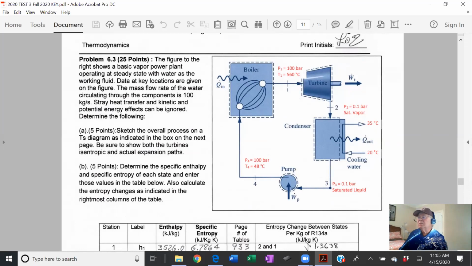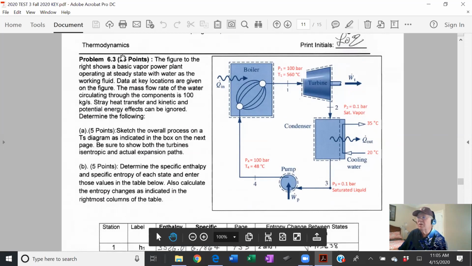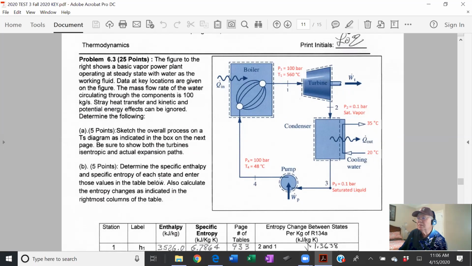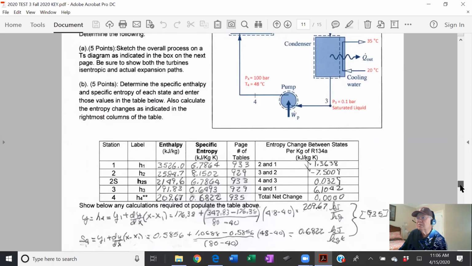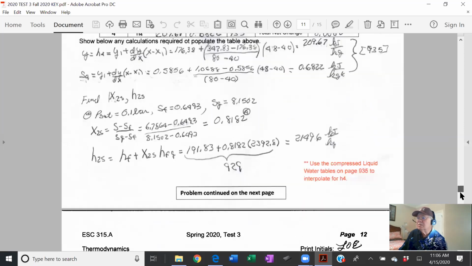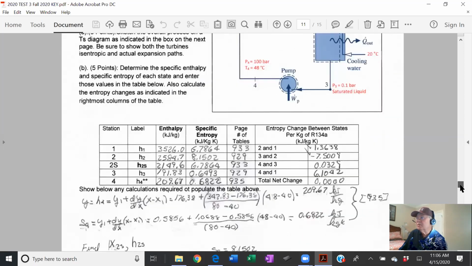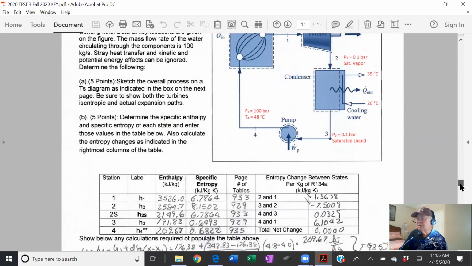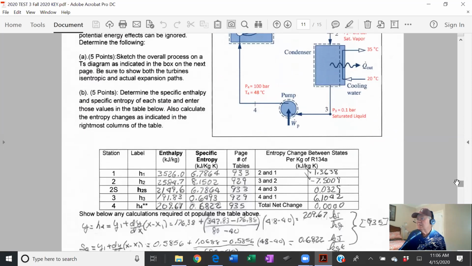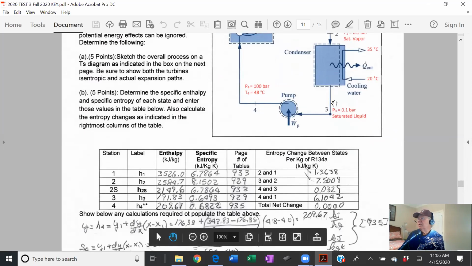Oh, do I have the wrong? No, I have the numbering system all messed up. Oh gosh, where did I put that on? Somewhere it should say that the entropy, maybe I added that to your test later. I'll figure it out.